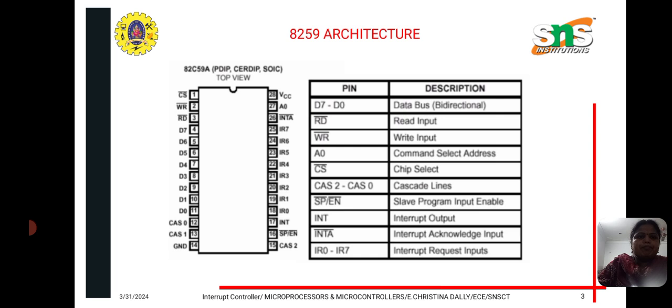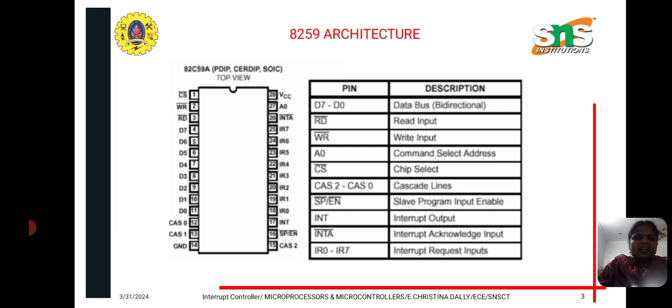So this is the pin configuration. We are classifying the pins as D7 to D0, that is the data bus. It is bidirectional. RD is nothing but the read input. WR is the write input. A0 is the command select address. Apart from that, we have the CS, that is chip select.